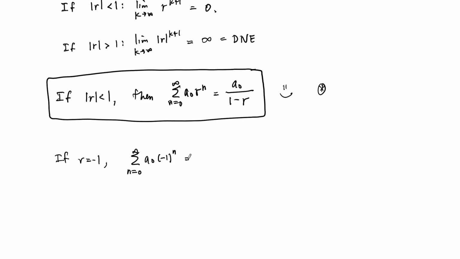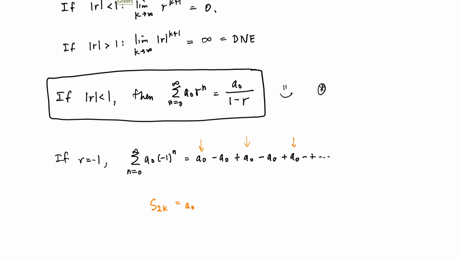And if we write out the terms, this is going to look like a sub 0 minus a sub 0 plus a sub 0 minus a sub 0 plus a sub 0, etc., right? And just look at this. If we think about the partial sums again, what's going to happen? The partial sums s sub 2k, for indices 0, 2, 4, etc., are going to add up to a leftover a naught. And so that partial sum is going to be a naught.